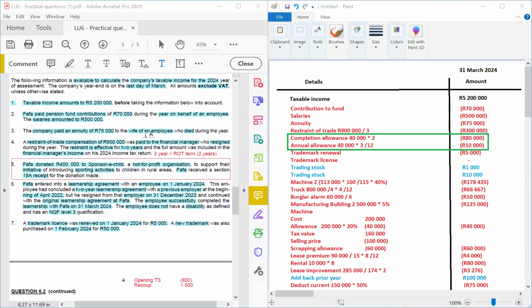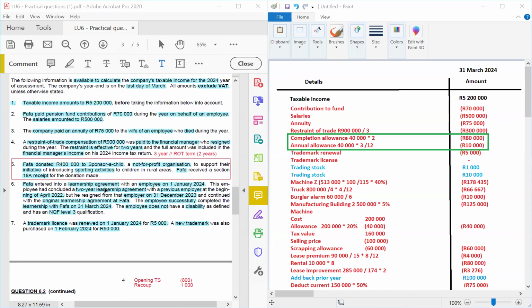Okay, so the completion is multiplied by 2. This 40,000, yes, because it's for 2 years. On the annual allowance, are these two companies or is it only one company for the 2 years, or are we not taking the 2 years of the annual allowance? Why should we take it? You want us to do the 2 years for the annual allowance?